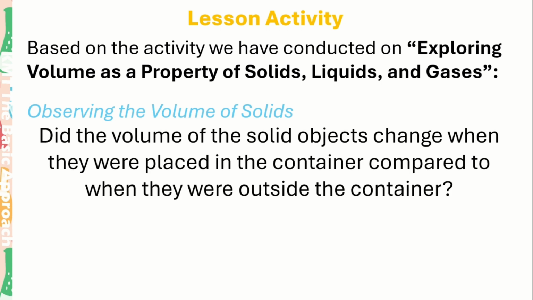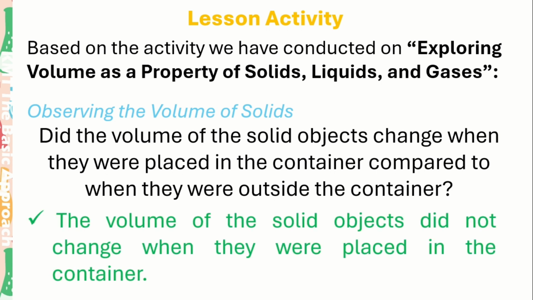Did the volume of the solid objects change when they were placed in the container compared to when they were outside the container? Correct! The volume of the solid objects did not change when they were placed in the container.